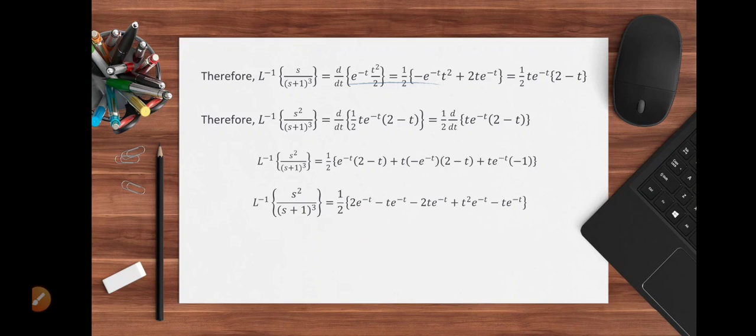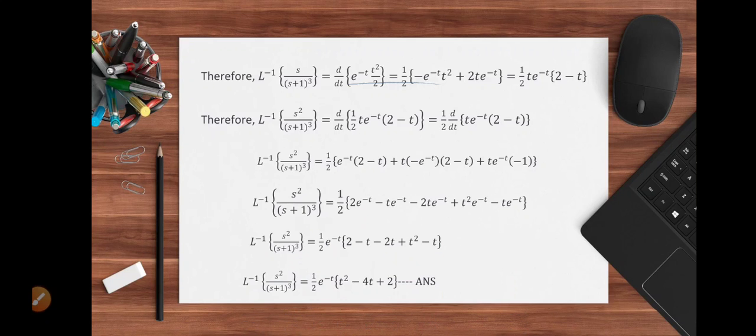Here in all the terms we have e raised to minus t as a common factor. So you can take it outside the curly bracket. You will get the terms containing t or the constant terms inside the curly bracket. Now adding or subtracting the similar terms, we get the final answer as 1 by 2 e raised to minus t into bracket t square minus 4t plus 2.